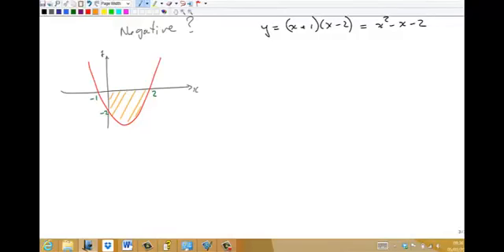Now remember that area is the sum of the strips that we divide the area into. So it's the sum of rectangles, and the rectangle's area was y delta x. And we can see if the strips are below the x-axis, the y value would be negative.